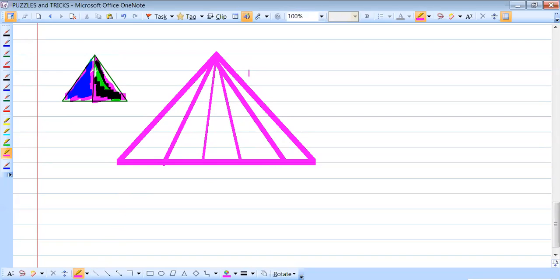Now tell me totally how many triangles are there? 6. Your answer is wrong. 10, 12. Everyone is saying different answers. Let me tell you the simple shortcut.